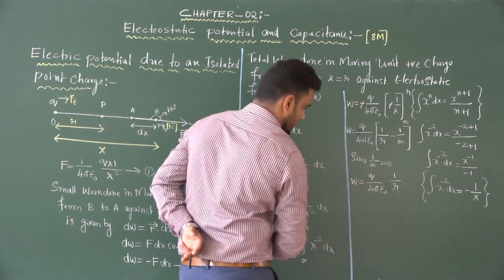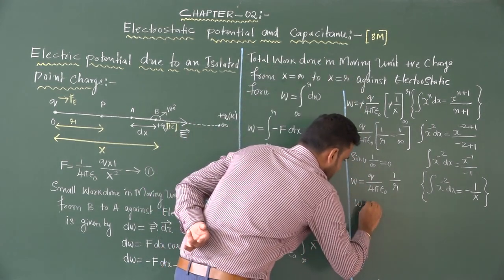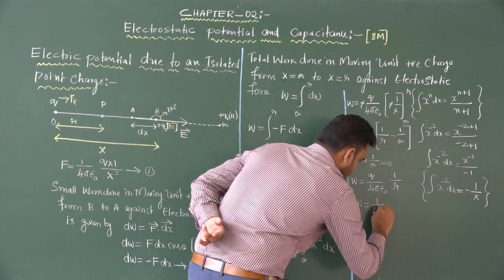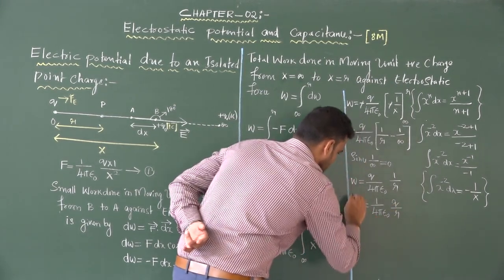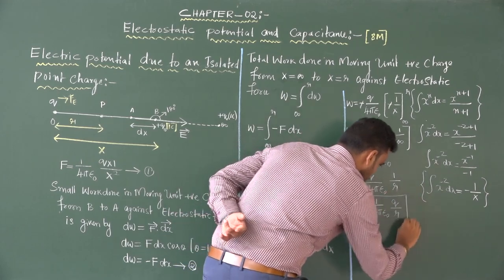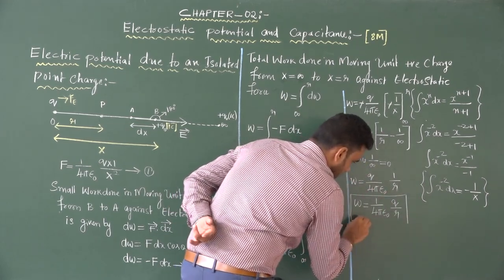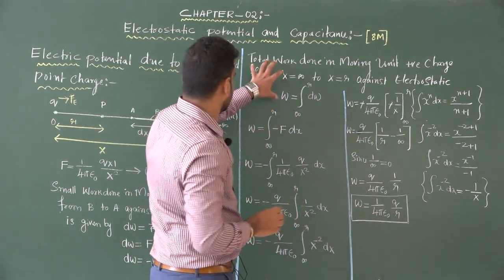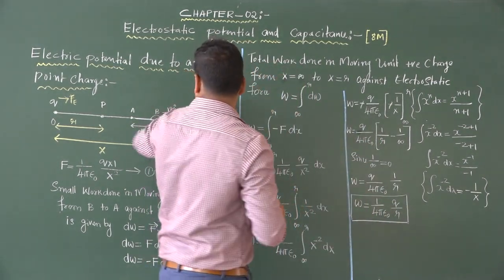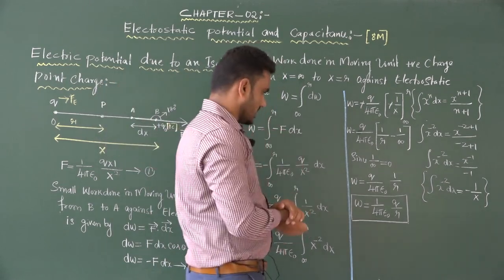So this equation can be simplified like this: 1 over 4 pi epsilon naught, Q divided by r. This is the total amount of work done in order to bring a unit positive charge from infinity to a point P against electrostatic force.